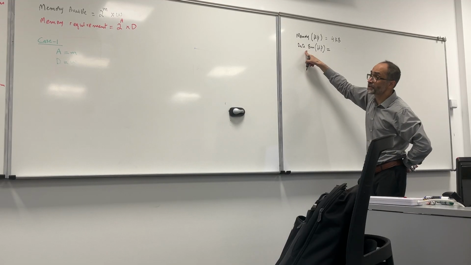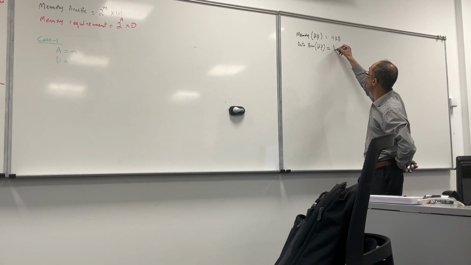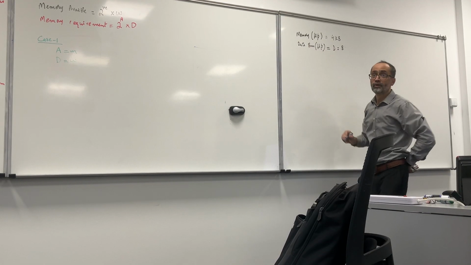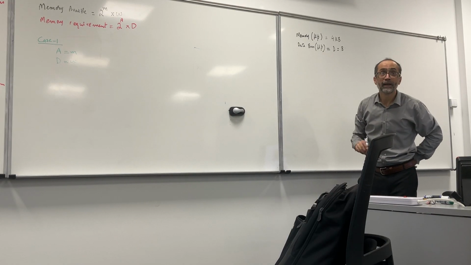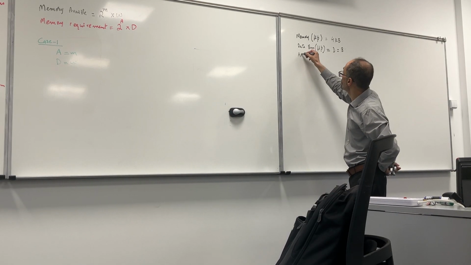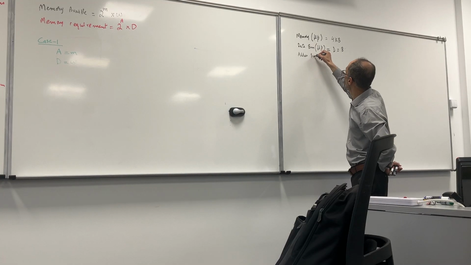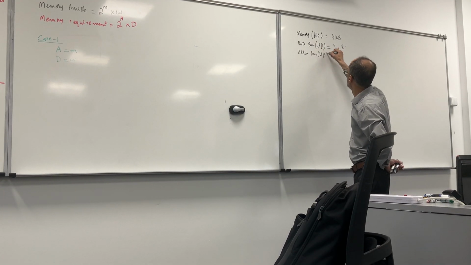So if we are considering the data bus on the microprocessor side, we call this D. So D is given, 8 bits. What is missing? A is missing. It means the address bus on the microprocessor side, A, we need to find.